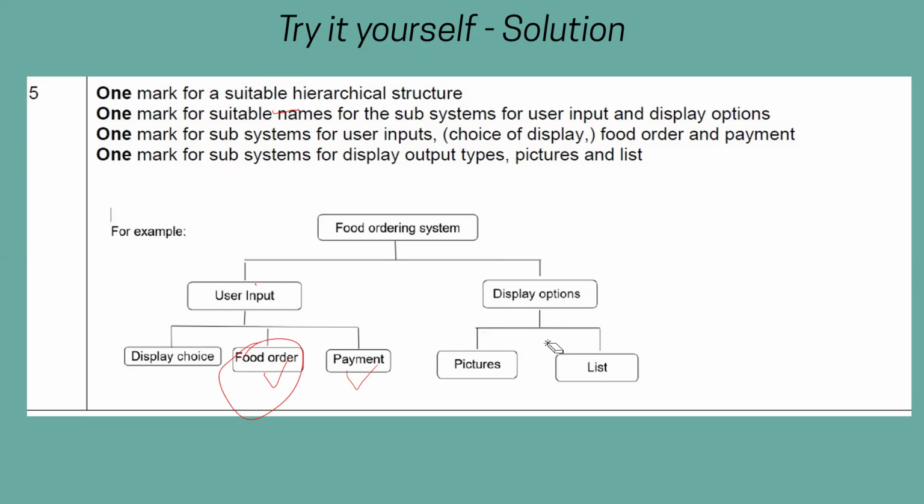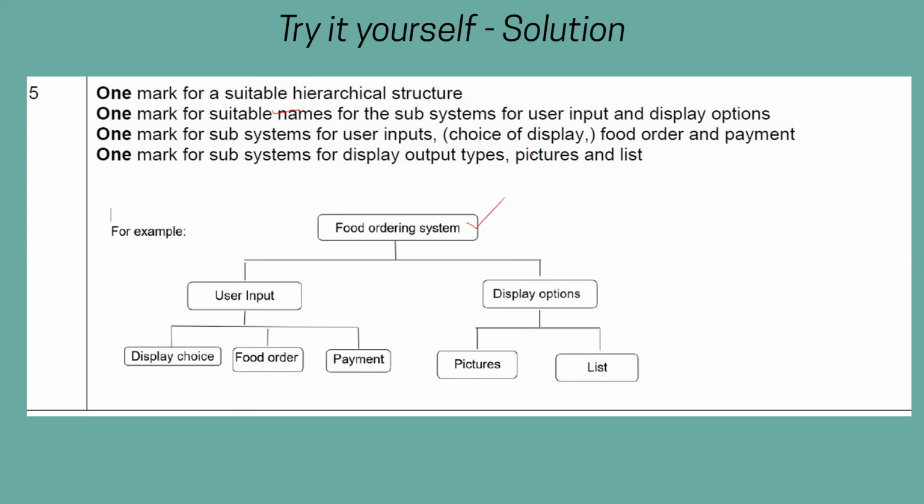But again, our understanding and our designing is from scratch. So this is what they have done, and the 4 marks are awarded for a suitable hierarchical structure like this, as well as the names of the things.